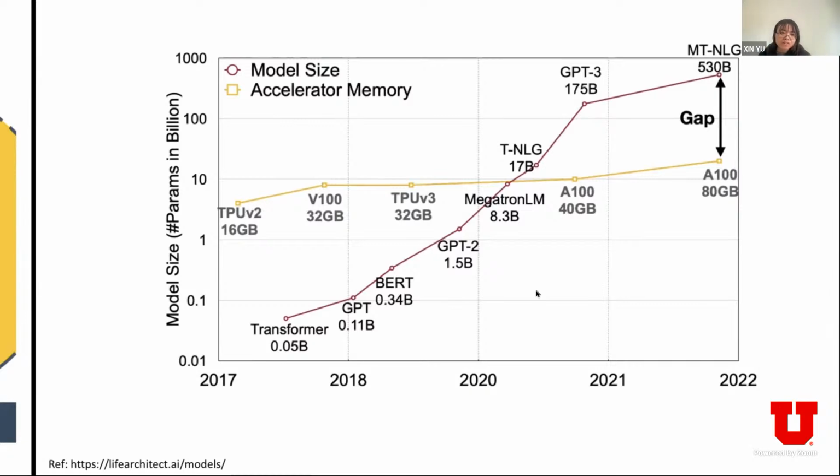So training and inference of large language models require a lot of GPU resources. The question is whether it is possible for us to use limited resources to train or run inference on large language models. That's the motivation.